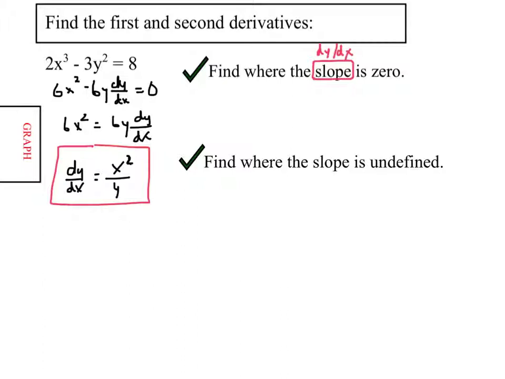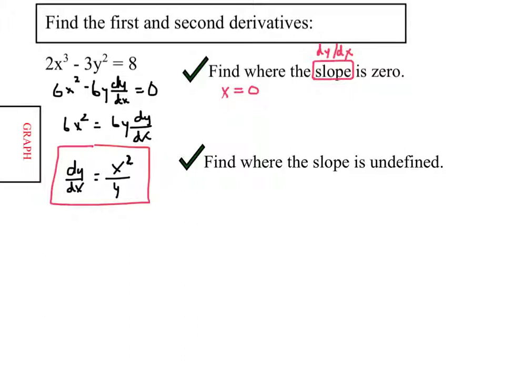To figure out where the derivative is 0, we just look for what would make the numerator 0, because of course 0 divided by anything is 0. So the slope is 0 when x is 0. Let me put a little dot there, that's what we're going to check, that x is 0.